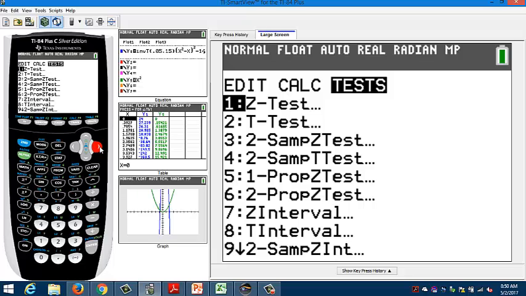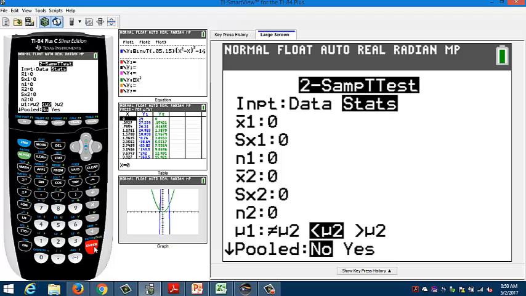So now what? 2-sample. We want Z or T? We want t because we're going after means, right? When you do tonight's homework, I think section choice 3 there is going to be used, the 2-sample z-test. Now let's do the t-test. Let's hit enter.